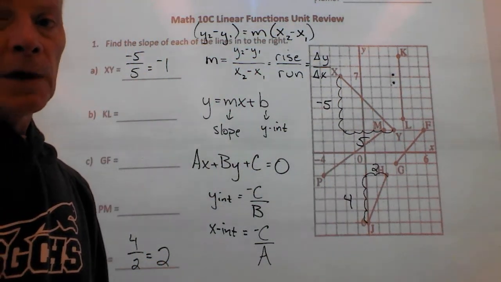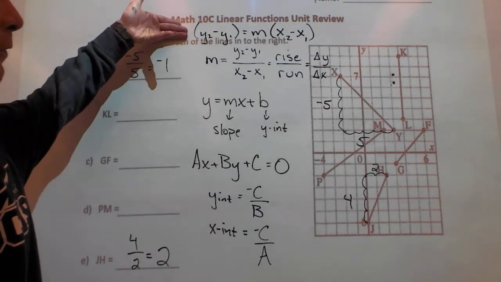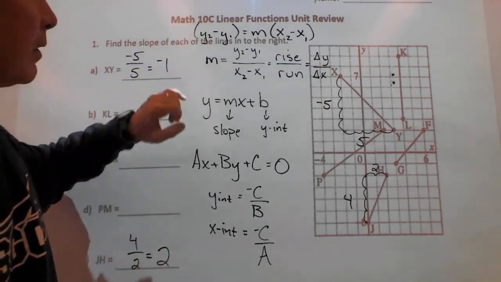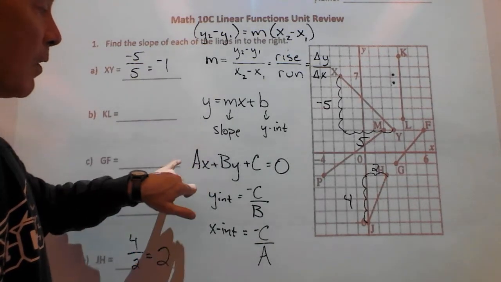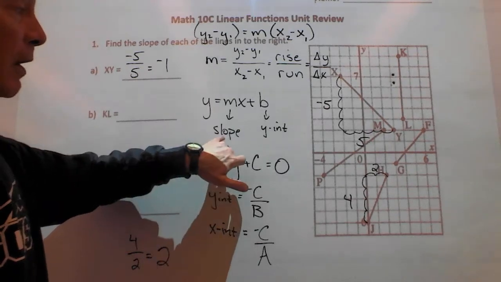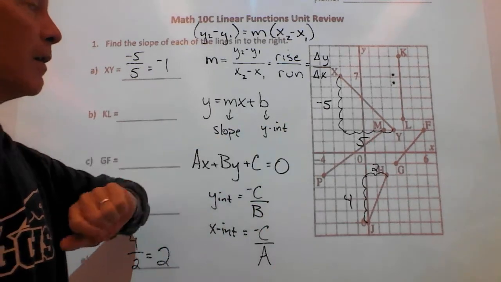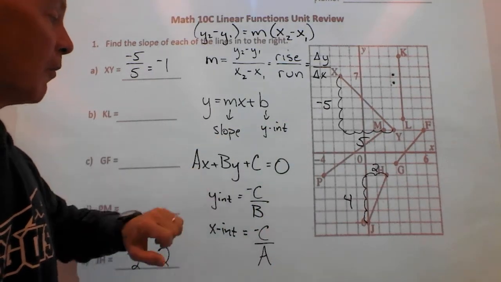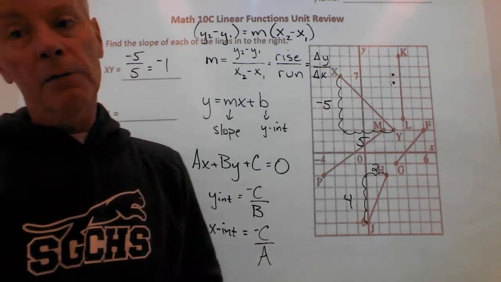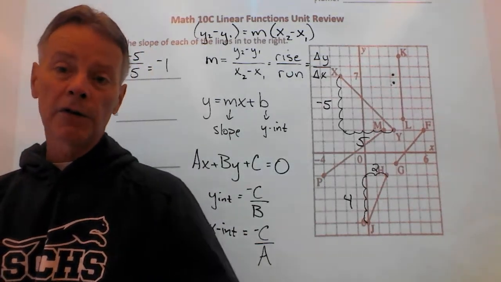Okay? So, slope-point form and slope formula, just a rearrangement, slope-intercept form, and general form. Slope-intercept form is good if you need the slope and the y-intercept. General form is good if you just want to find the x and y intercepts. Okay, so they all have their uses.